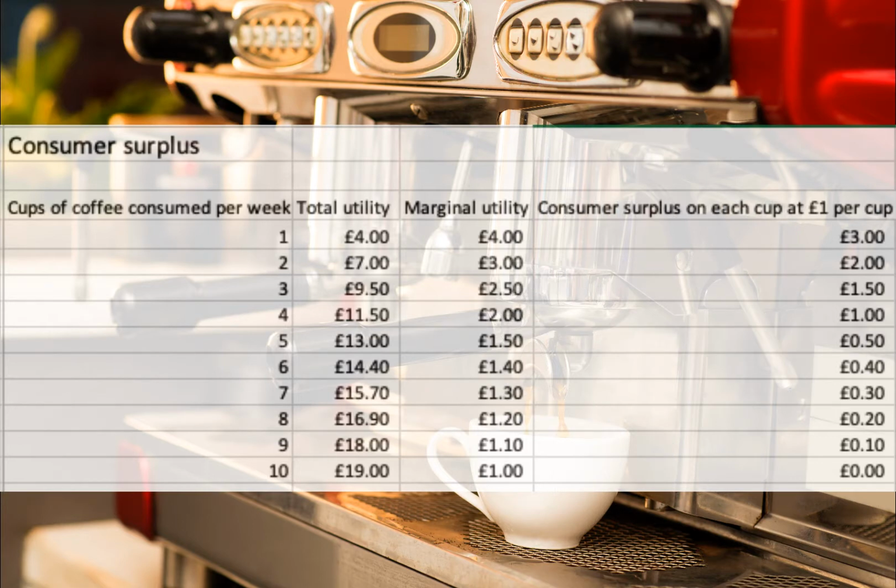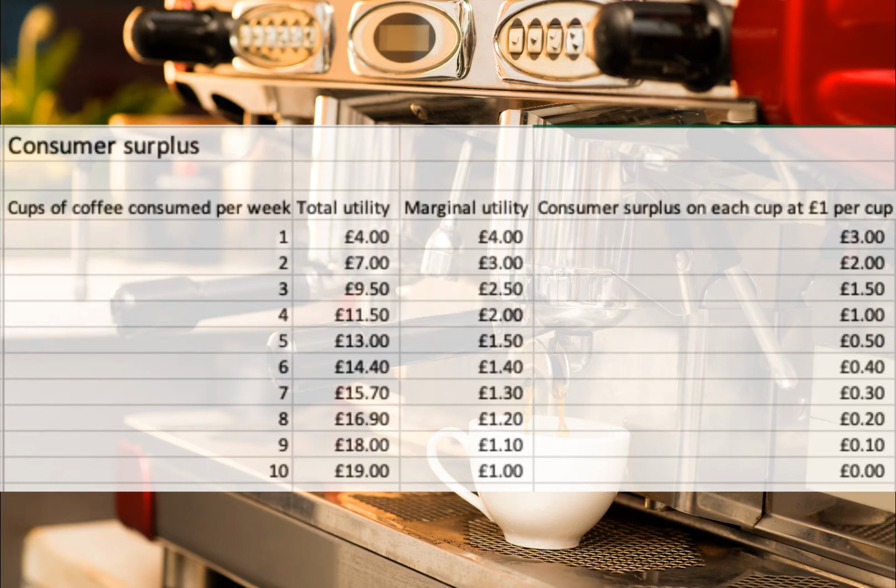Looking back at the theory of consumer surplus, this table shows the diminishing marginal utility from £4 for the first cup of coffee to £1 for the 10th. If the consumer values the first cup at £4 and values an additional second cup at £3, the marginal utility is £3, but the total utility for the 2 cups is £7.